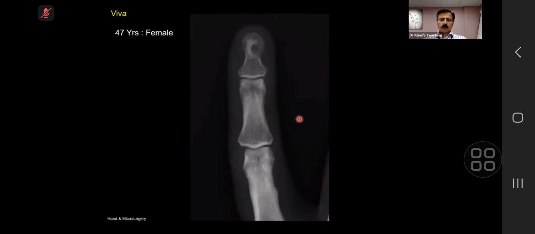It's a 47-year-old female, DPV of a digit of the hand, which is demonstrating an eccentric lytic lesion in the distal phalanx without any soft tissue component or periosteal reaction. It has a narrow zone of transition. There's a bit of sclerosis around the lesion, which is a sign of endosteal scalloping or a slow growing process.